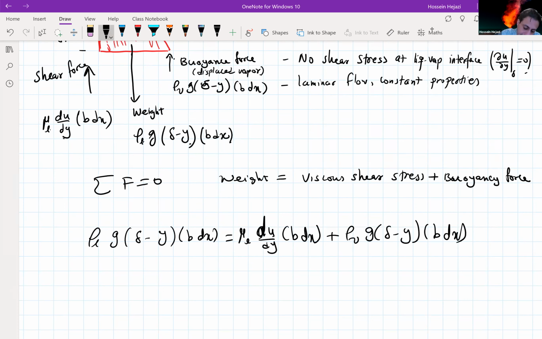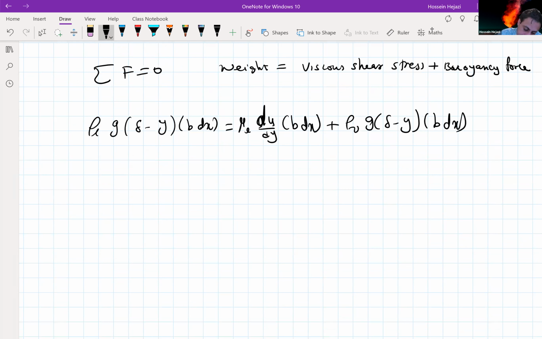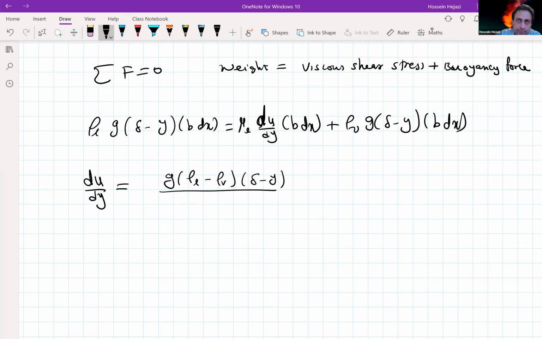And from here, we can find an expression for velocity. So du/dy would be g (rho L minus rho V)(delta minus y) divided by mu L. So this is going to be the expression for the velocity.